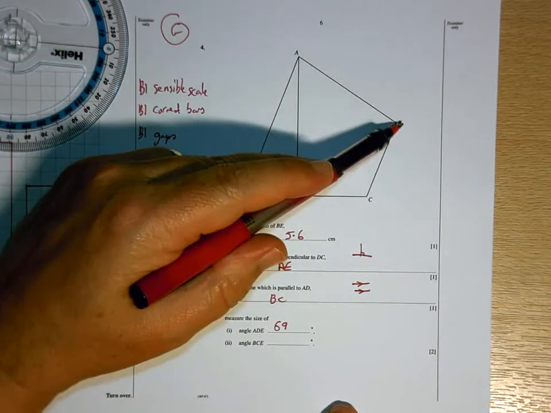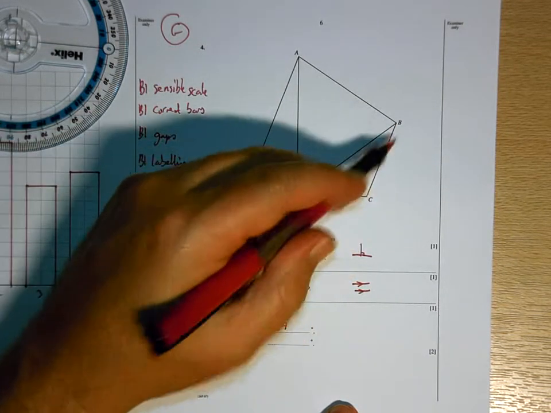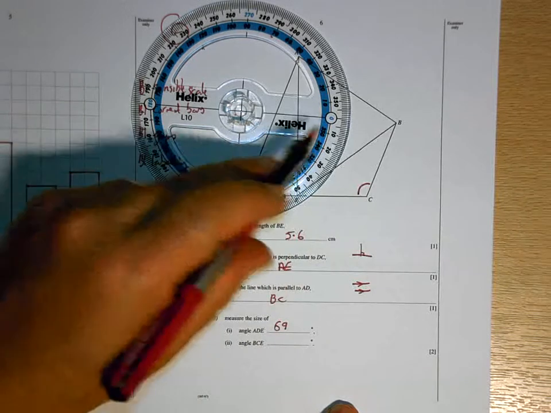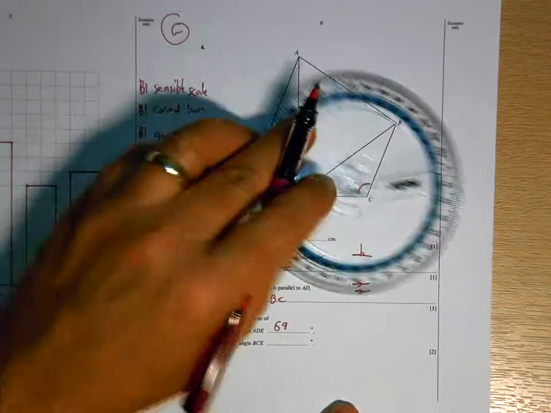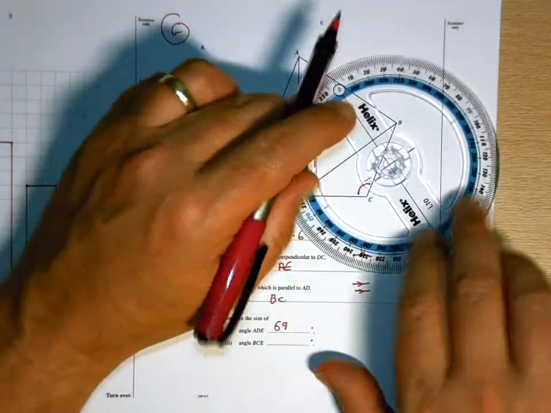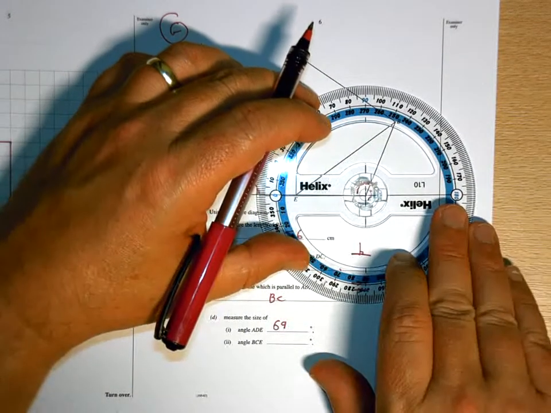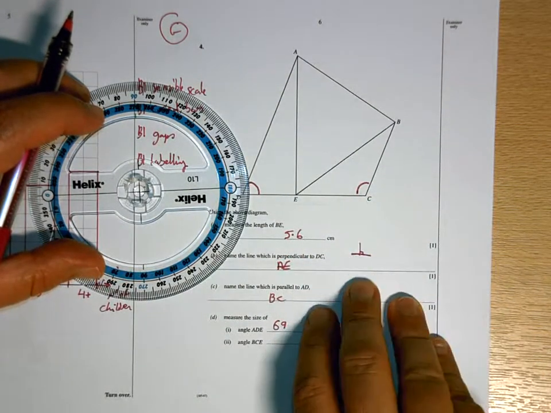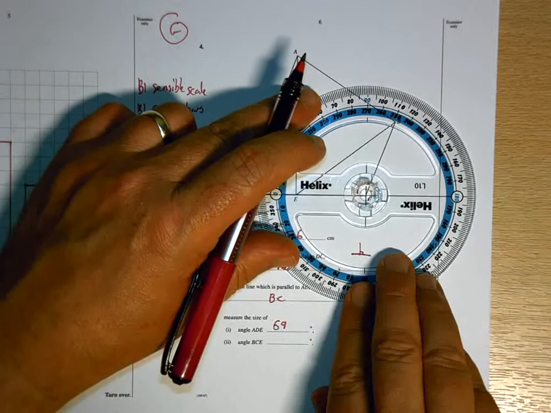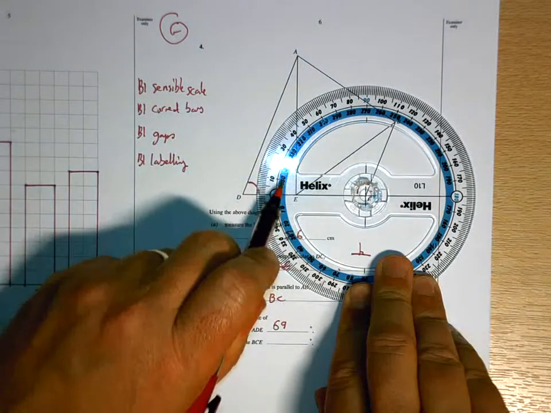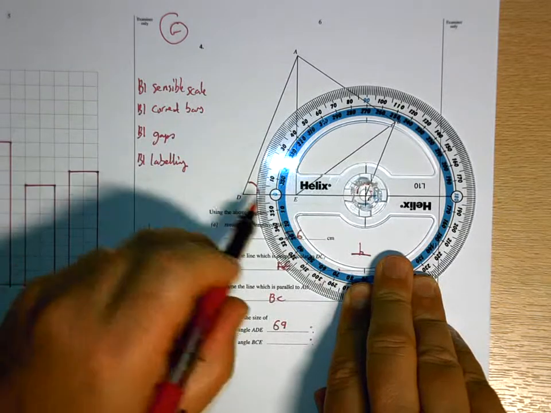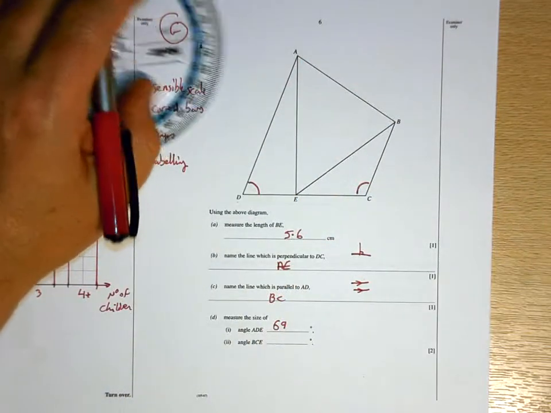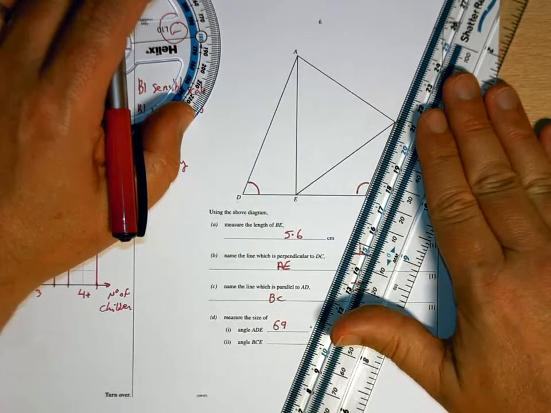And B, C, E, B to C to E is this angle. So again, center of the protractor there, line up the 0 with one of the lines of the angle. So I've got to turn my protractor around now to get the 0 over there. I'm looking at the angle, it's bigger than 90 but less than 180. So I'm not going up this 300 scale, I'm going along the outside. Because I've shrunk the page, I probably need to extend the line so that it cuts the scale on your protractor.